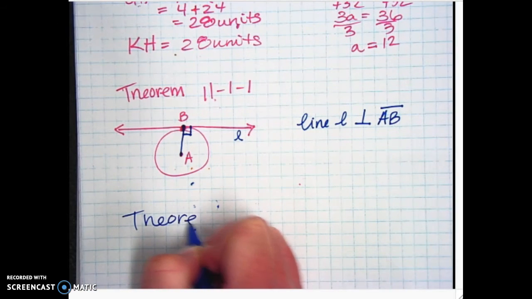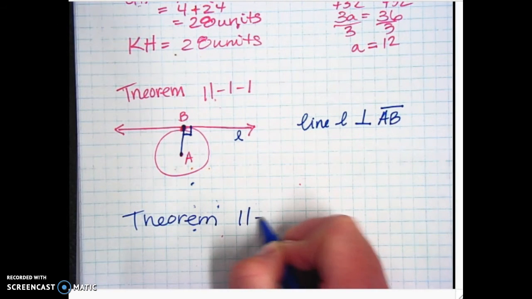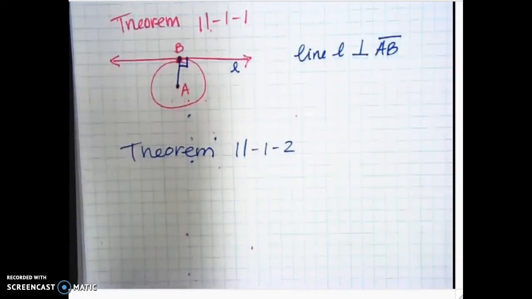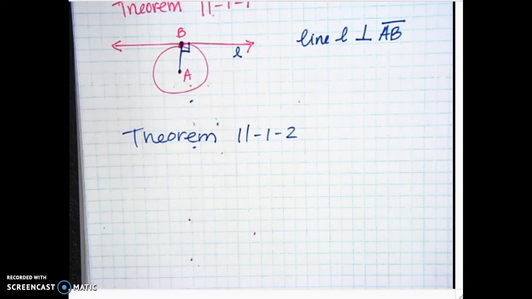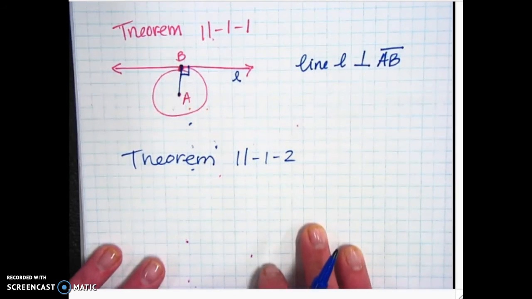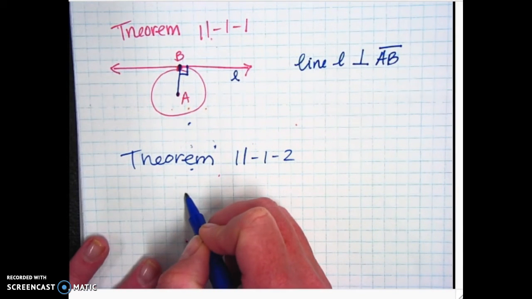And then the last one, 11-1-2, is the same as the other theorem, but it's just converse. It says, if a line is perpendicular to a radius of a circle at a point on the circle, then the line is tangent to the circle. So these two are going to essentially be the same, just converses of each other.